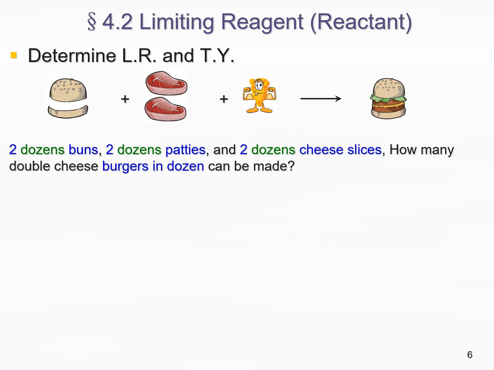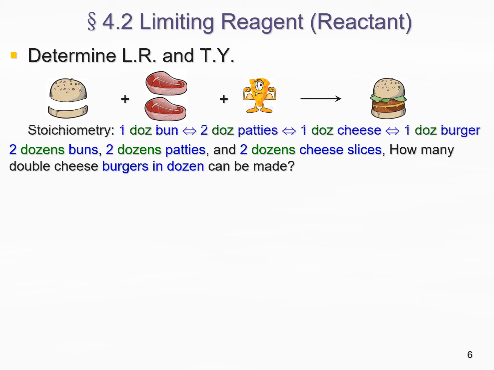Like, okay, how many double cheeseburgers in dozen can be made. That actually is asking for the theoretical yield. If the theoretical yield is asked, we have to find a limiting reactant according to the definition. Remember? Because theoretical yield is 100% of the conversion of a limiting reactant. So keep that in mind. Theoretical yield and limiting reactant are closely associated to each other.